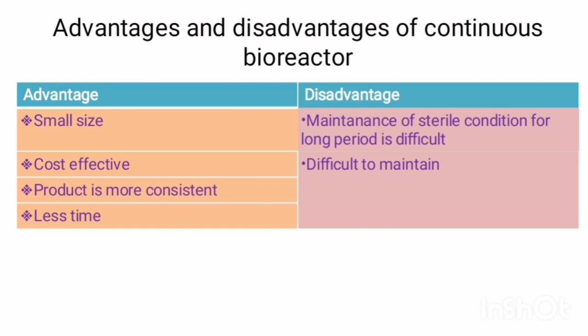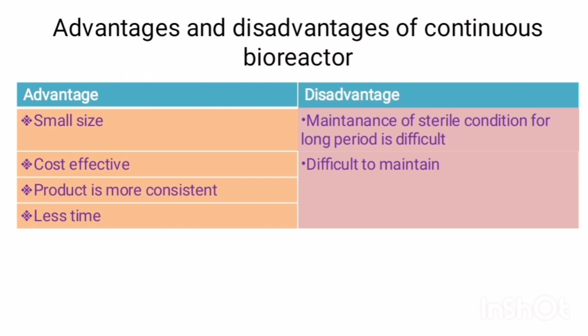First, the size of the bioreactor is small compared to batch fermentation, and the yield of the product is more consistent because the physiological state of the cell is uniform. Then cost effective. The downtime between two successive fermentations for cleaning and preparing the bioreactor for reuse is avoided in continuous fermentation. So we can save the time required for cleaning.